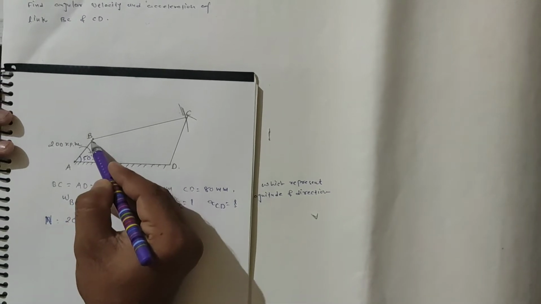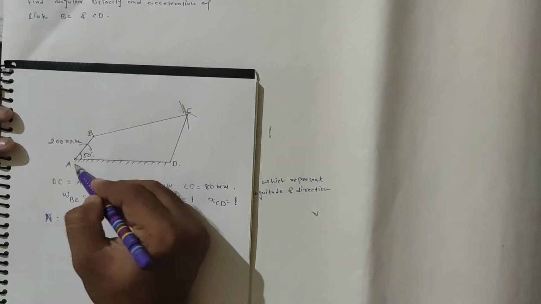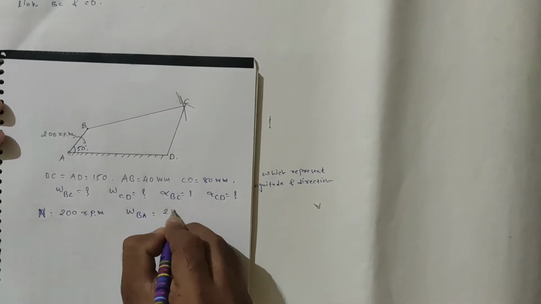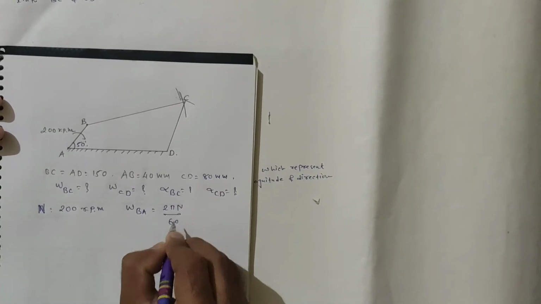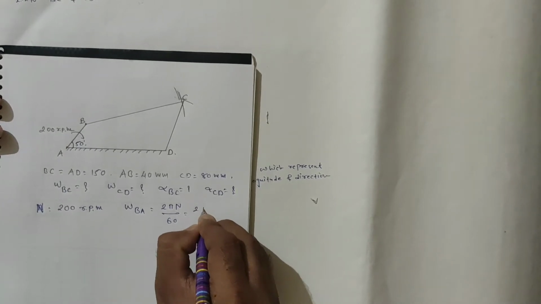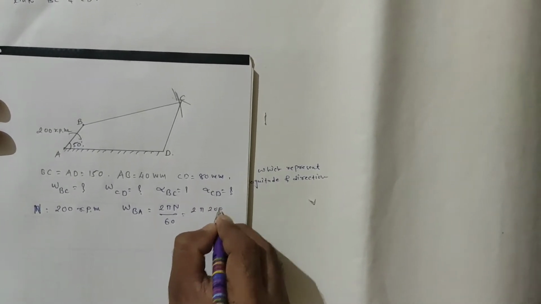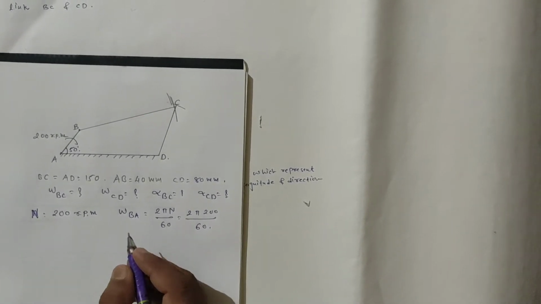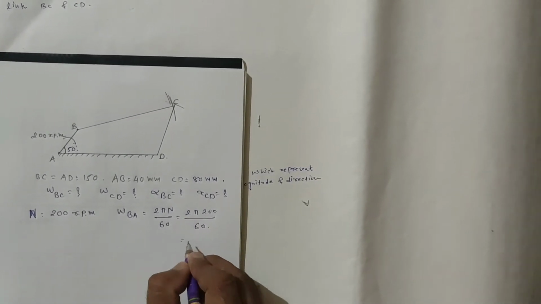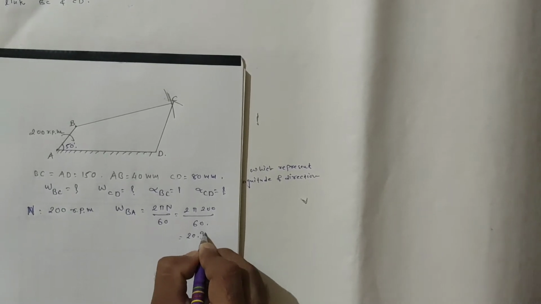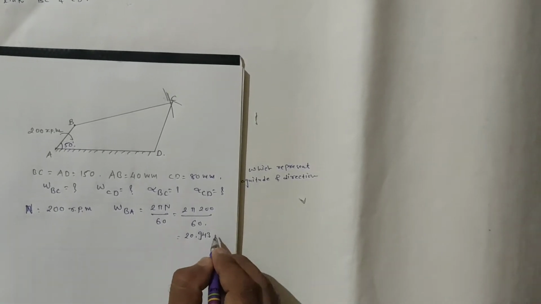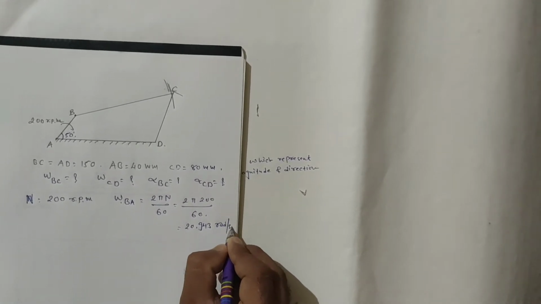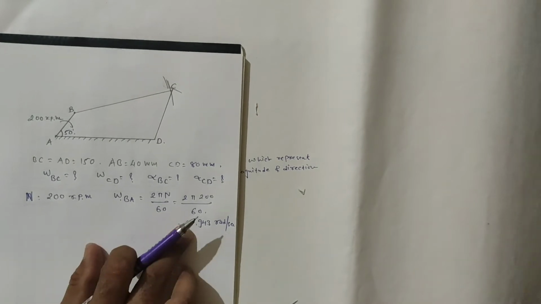Angular velocity for B with respect to A is equal to 2 pi N by 60, that is 2 pi into 200 divided by 60. Calculating directly with a calculator, omega is 20.943 radian per second. This is the first thing.